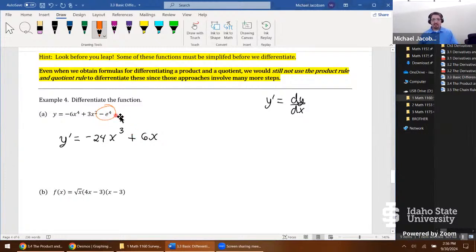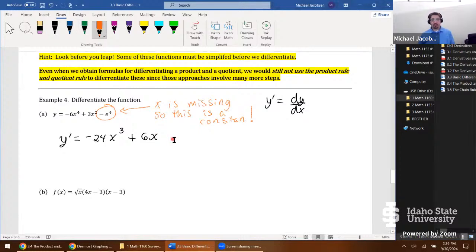So at the end of the day, the best way to spot a constant is that x is just missing from that entire term. So let's say that here in the notes. X is missing. So this is a constant. It deserves an exclamation mark because, again, that one is really hard to spot, in my opinion.